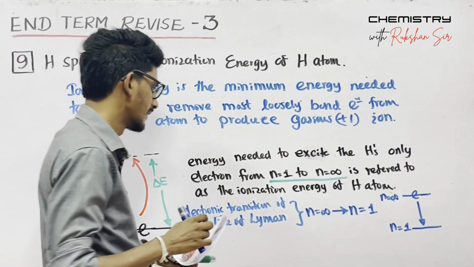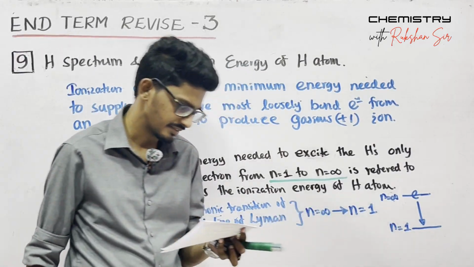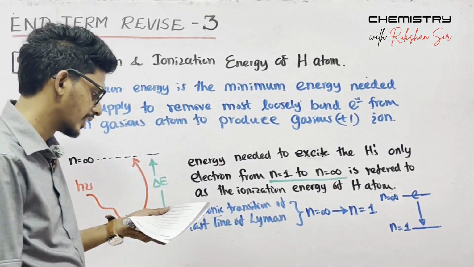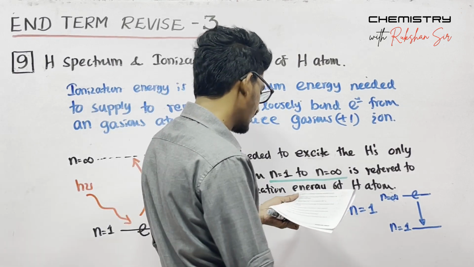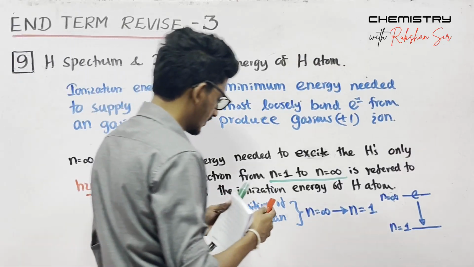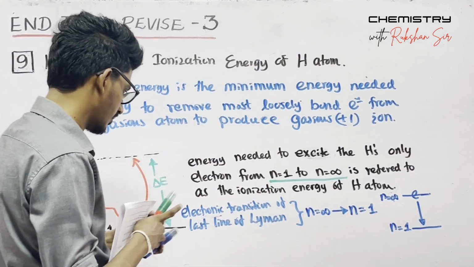So see what they are saying. The ionization energy of hydrogen can be calculated with the use of the wavelength of the last line of not the Balmer but the Lyman series, right?